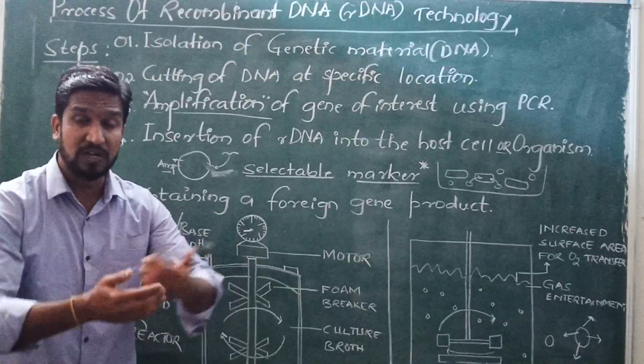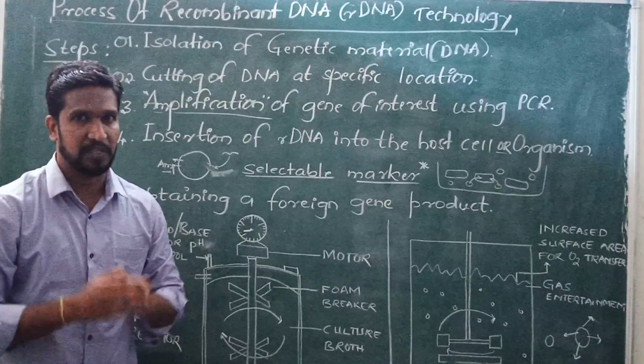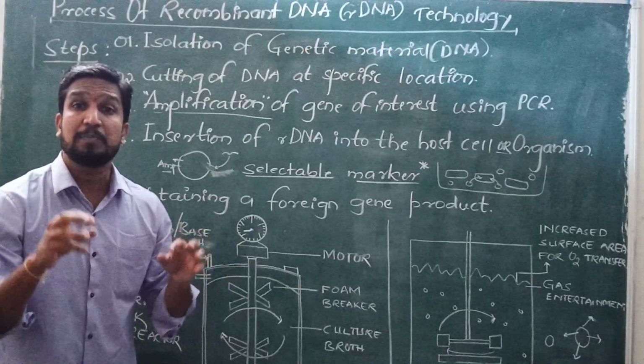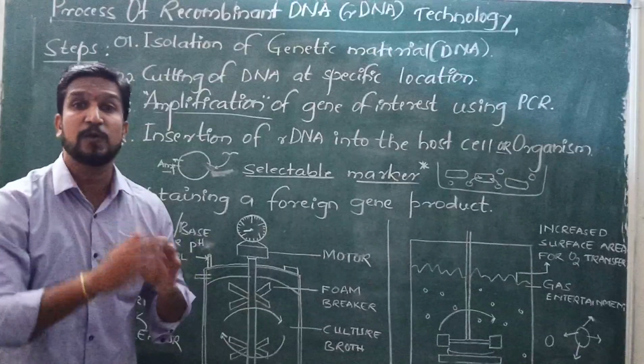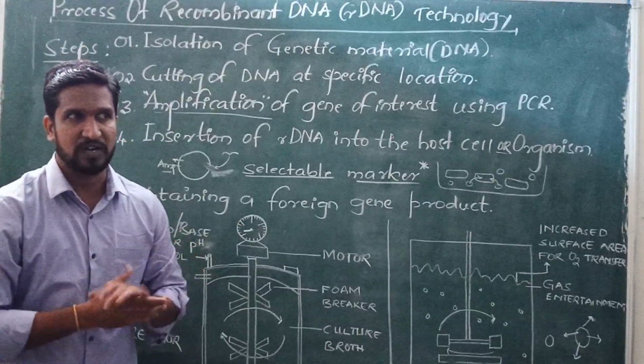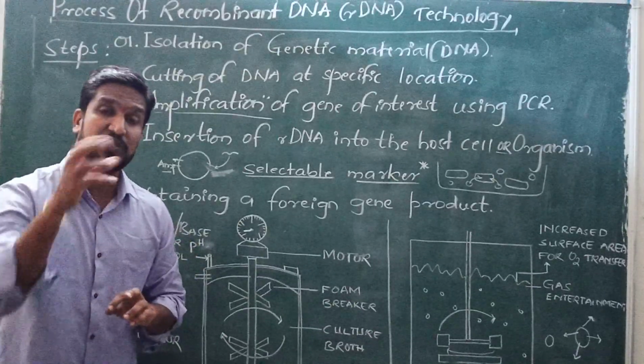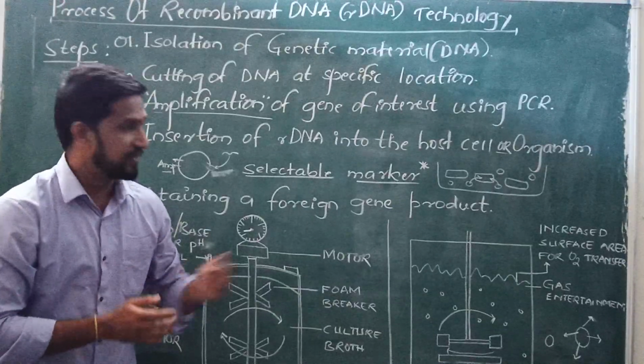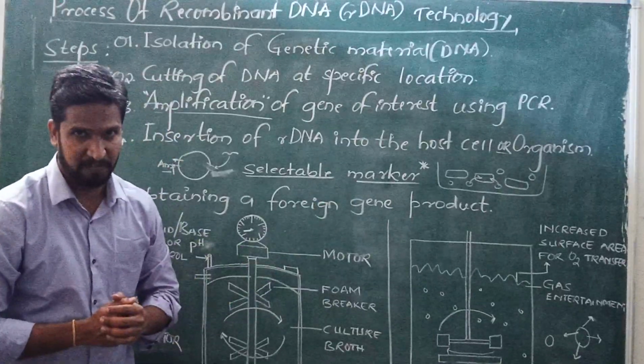Then amplification of that gene, that is making multiple copies. After multiple copies, it is introduced into the plasmid. That plasmid is introduced into the host cell, like E. coli bacteria.